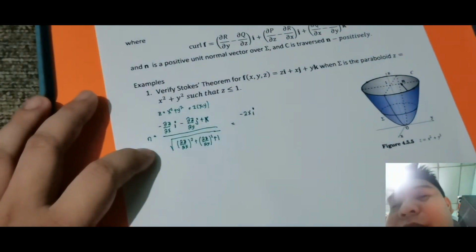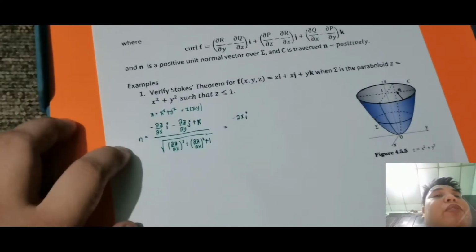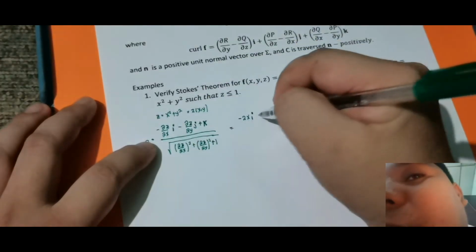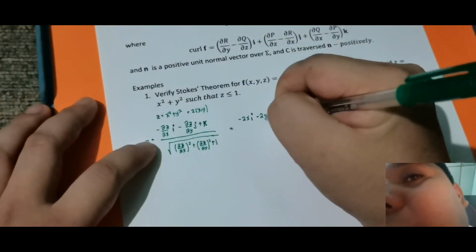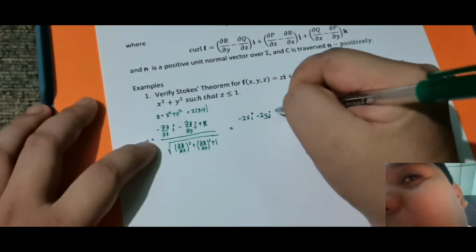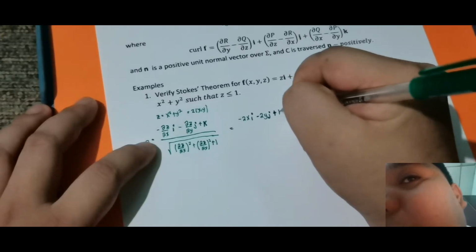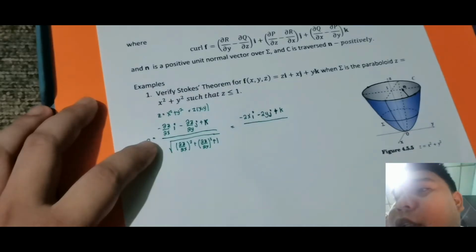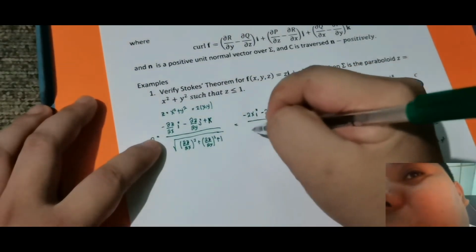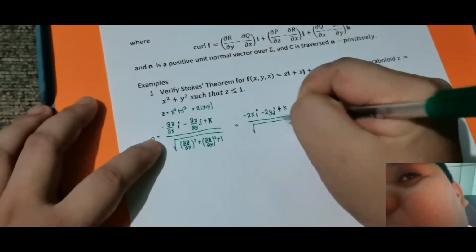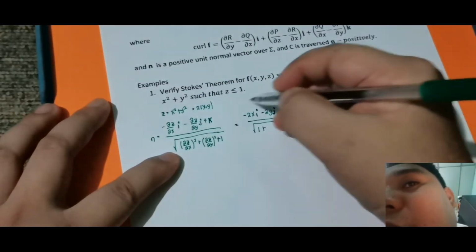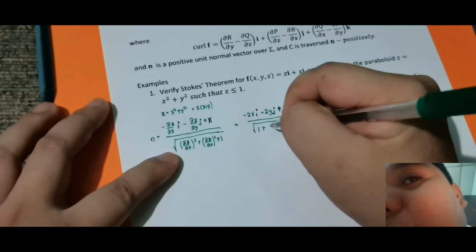Minus partial derivative ng x squared plus y squared with respect sa y is 2y, so negative 2y j. Then plus k, fixed yung k na yan. Then all over square root ng 1 plus 2x squared, so this is just 4x squared.